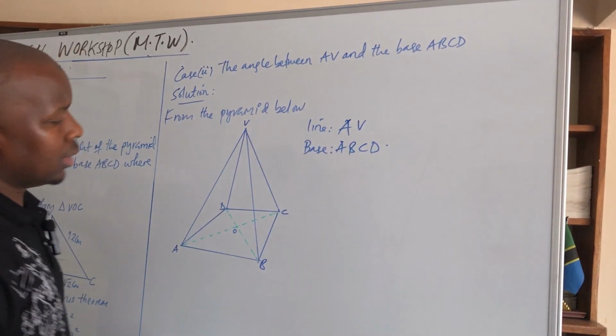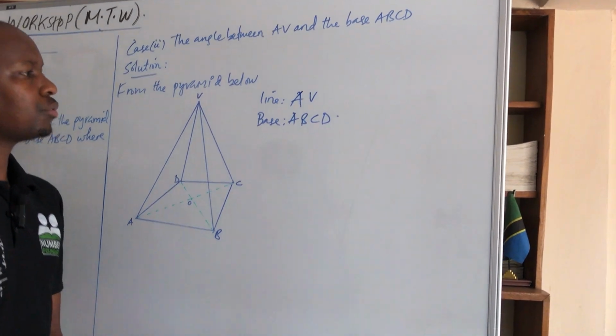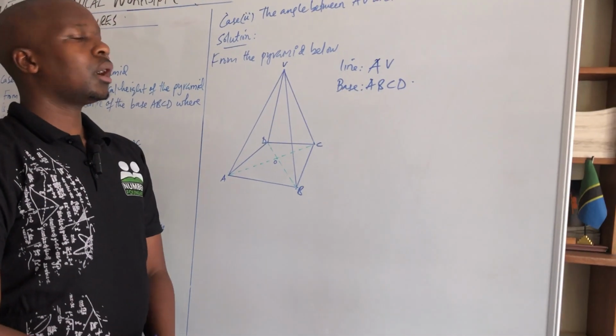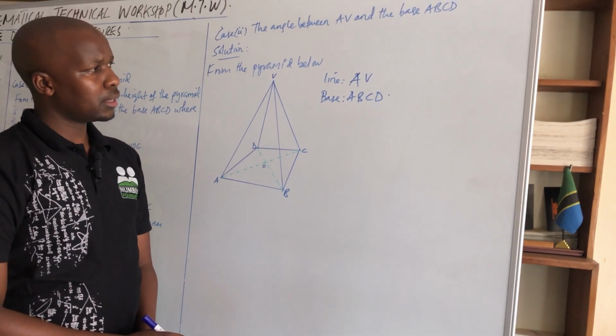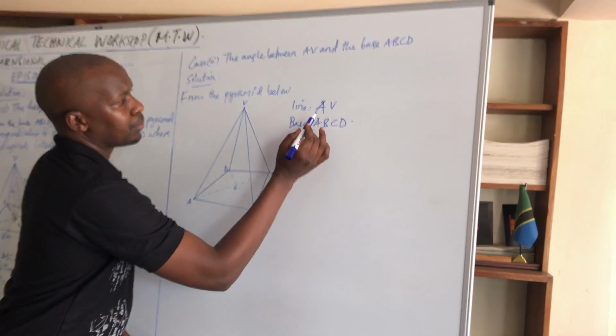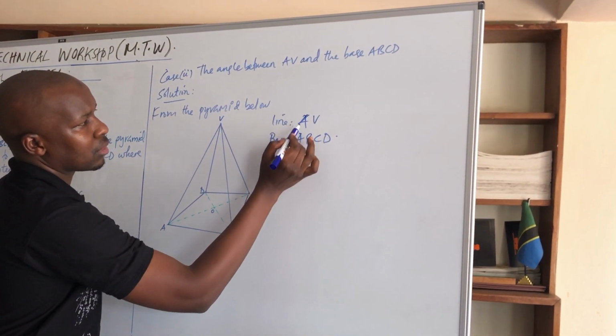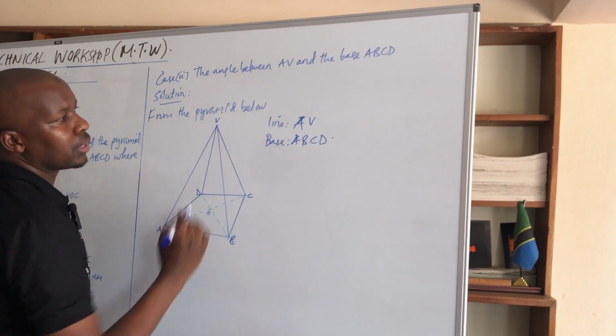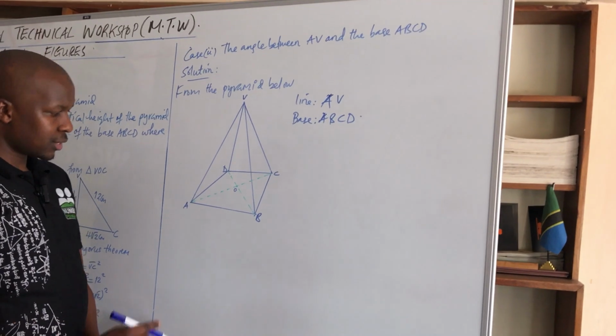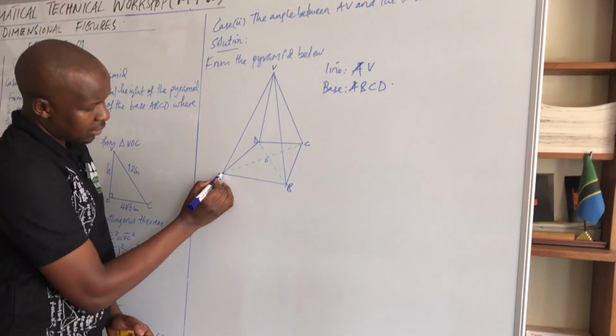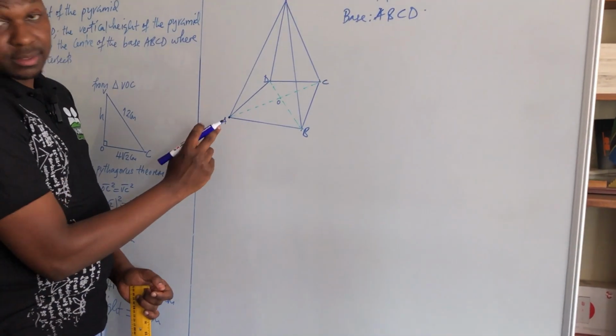The first step is to find the common point of intersection between the line and the plane. Point A is found on both the line and the plane, so this is the point of intersection, which indicates that the angle will lie at this point.